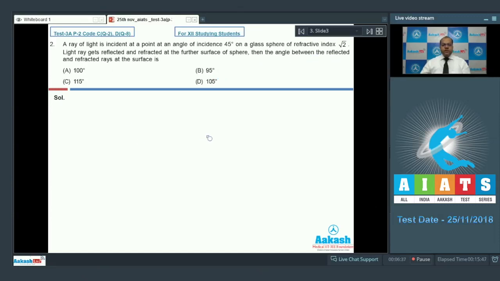For this, first of all, we draw a glass sphere and a ray of light is incident on this glass sphere at an angle of 45 degree. Let this be the angle of incidence. The angle of refraction, let this be R, and let this point be the center of the sphere.